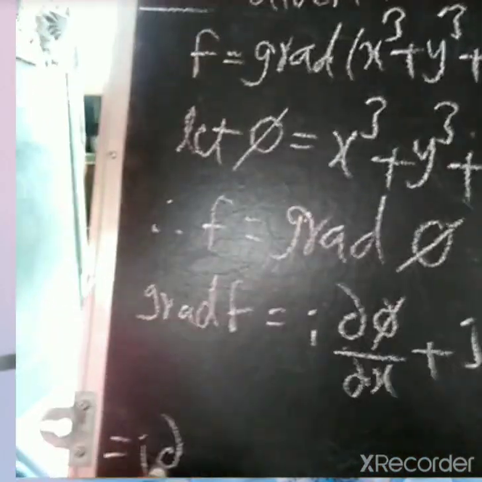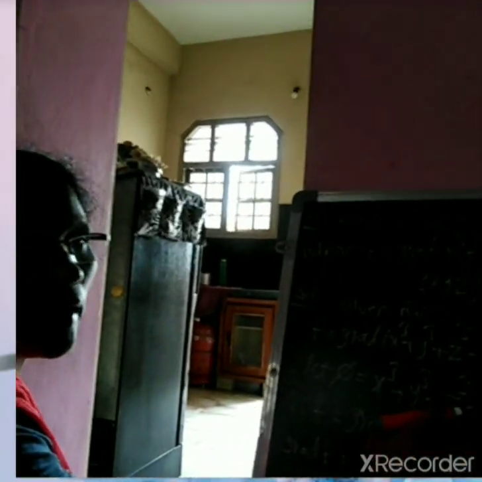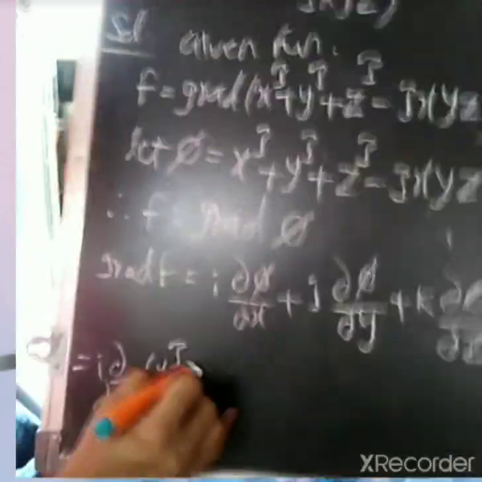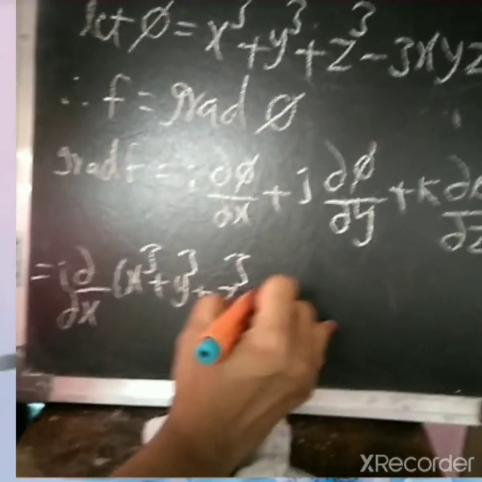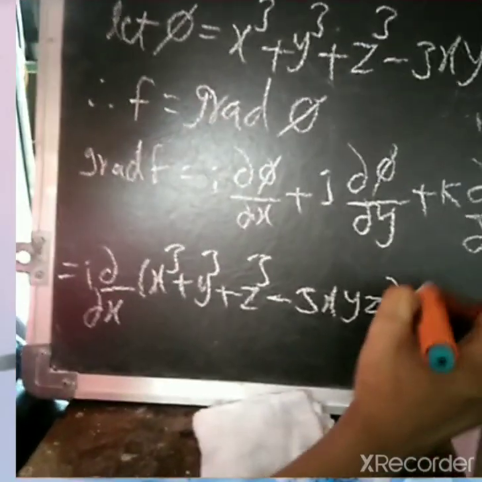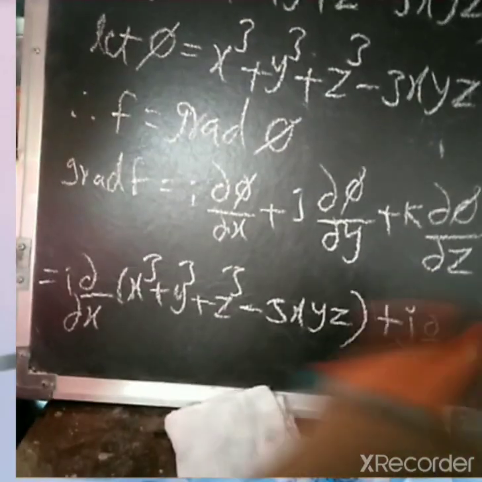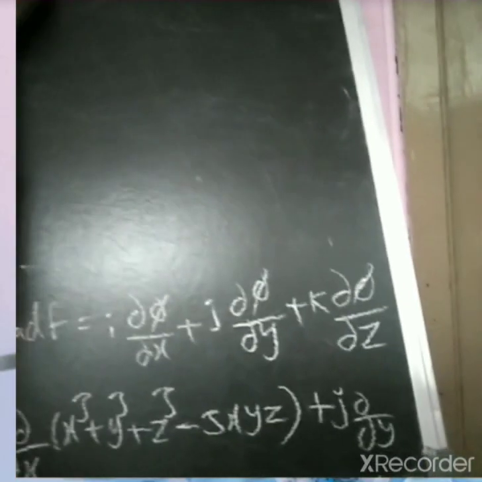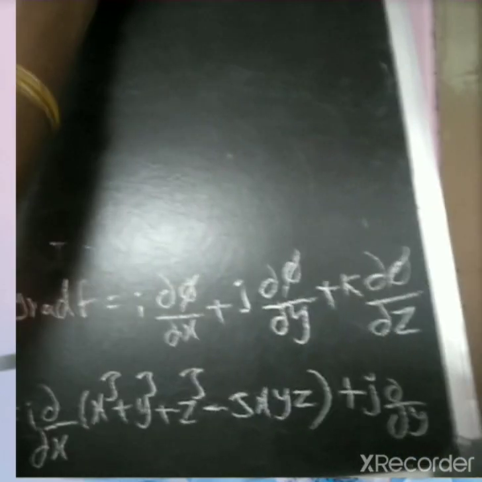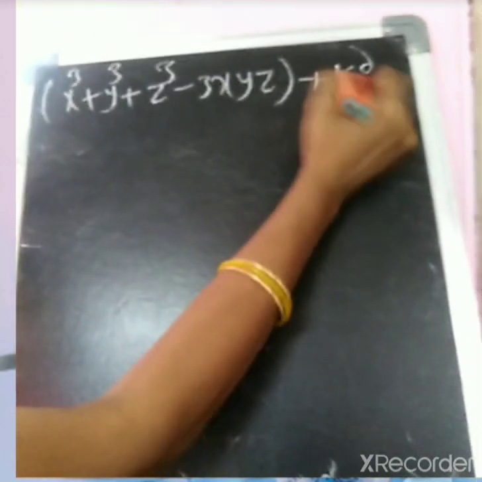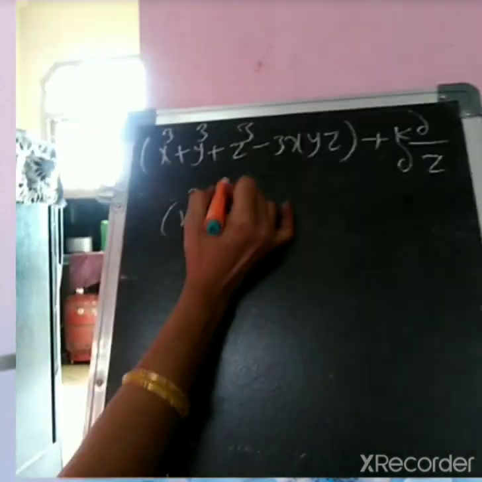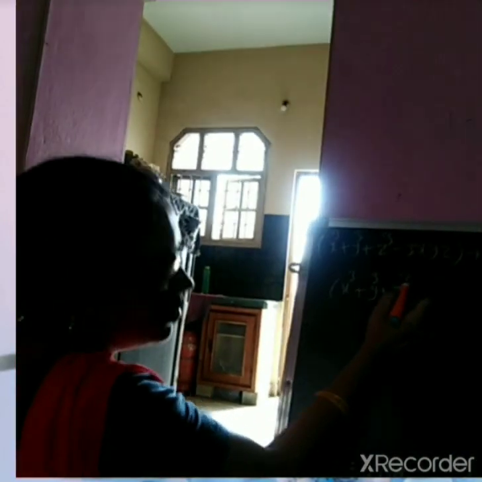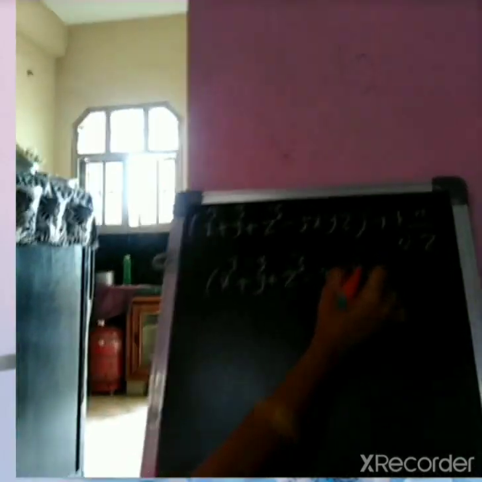So that is i into dou by dou x of x cube plus y cube plus z cube minus 3xyz, plus j into dou by dou y of x cube plus y cube plus z cube minus 3xyz, plus k into dou by dou z of x cube plus y cube plus z cube minus 3xyz.